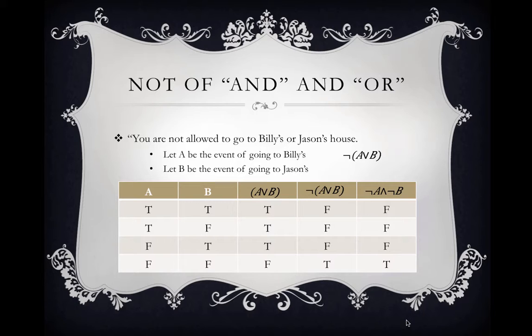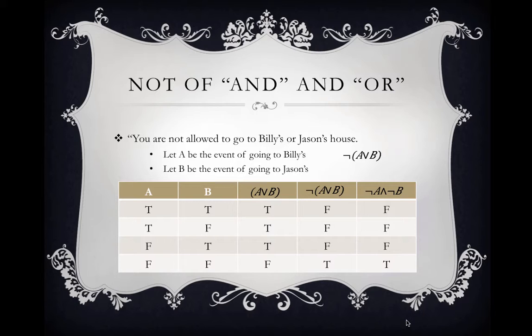Again, a middle step is to see what happens with A or B. If you remember, we always assume that this is an inclusive or, and the or says one or the other or both. So the only time that the or statement would be false is if they were both false, which is the last row.